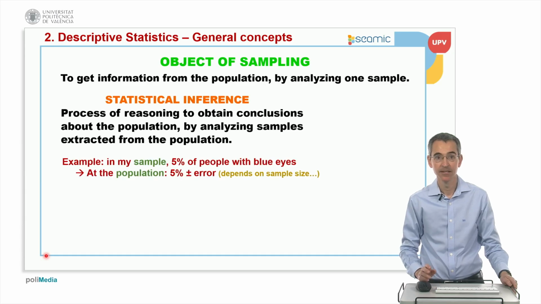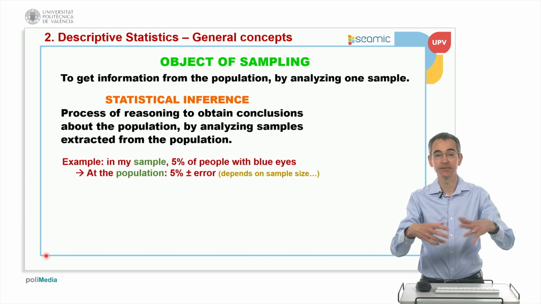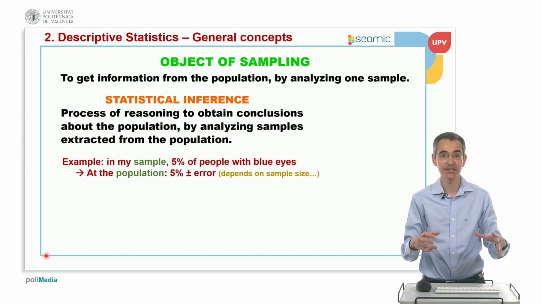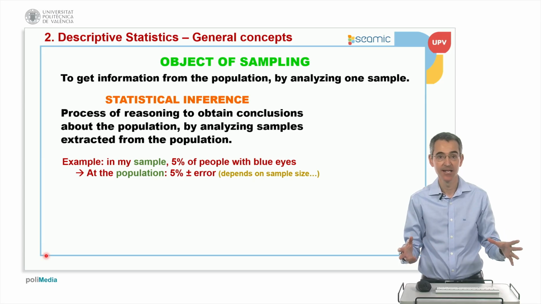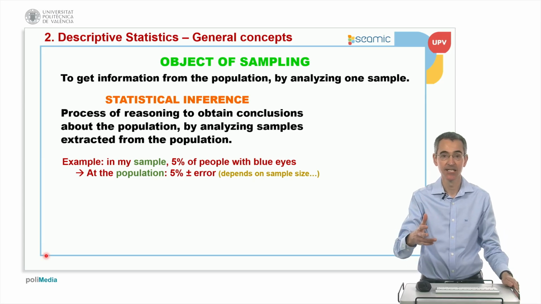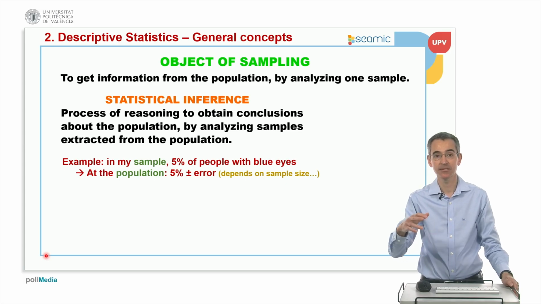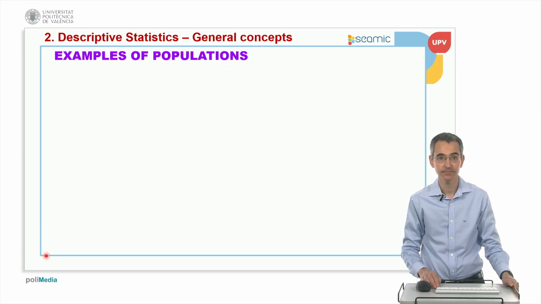For example, if I take a sample of people and I get the information that 5% of them had blue eyes, I will say that in the population, the percentage of people with blue eyes is 5% plus minus a certain kind of error. This error depends mainly on the sample size.